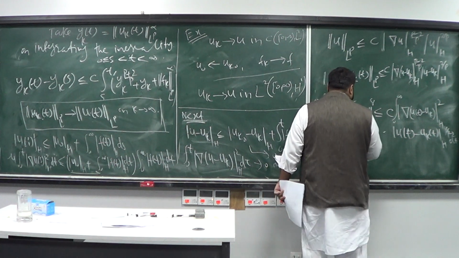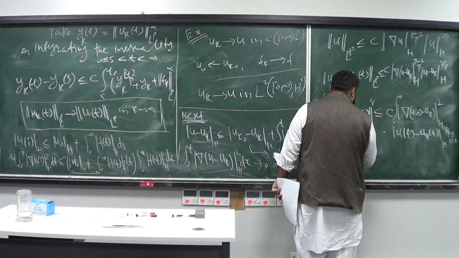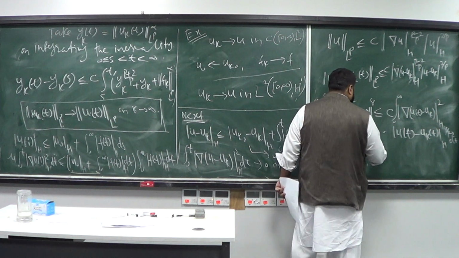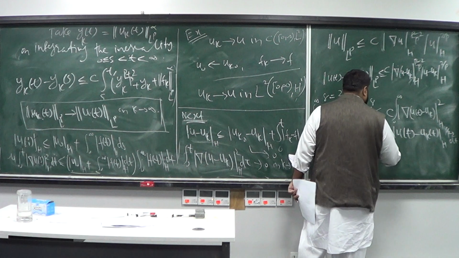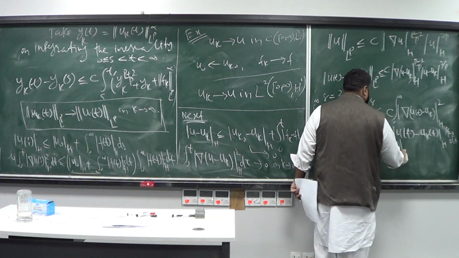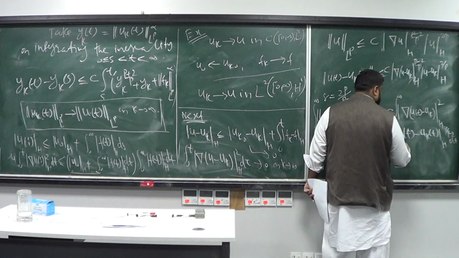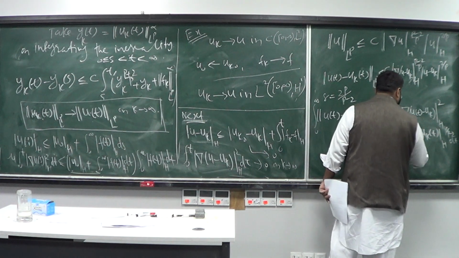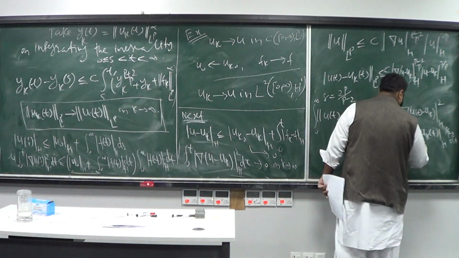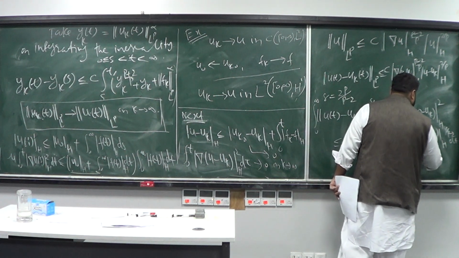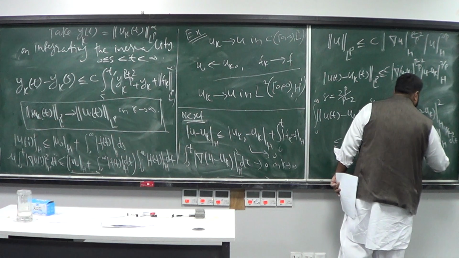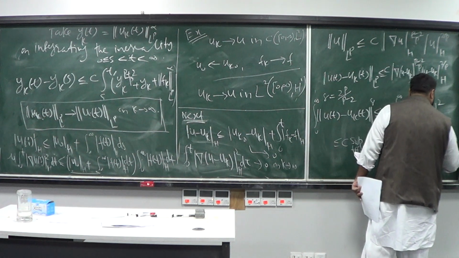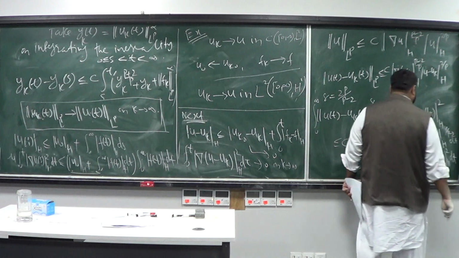So this is less than or equal to the supremum, where t is between 0 and infinity, of the H norm of u of t minus uk of t to the power 4 over p minus 2, times the integral from 0 to infinity of the gradient of u minus uk, squared, in H norm dt.